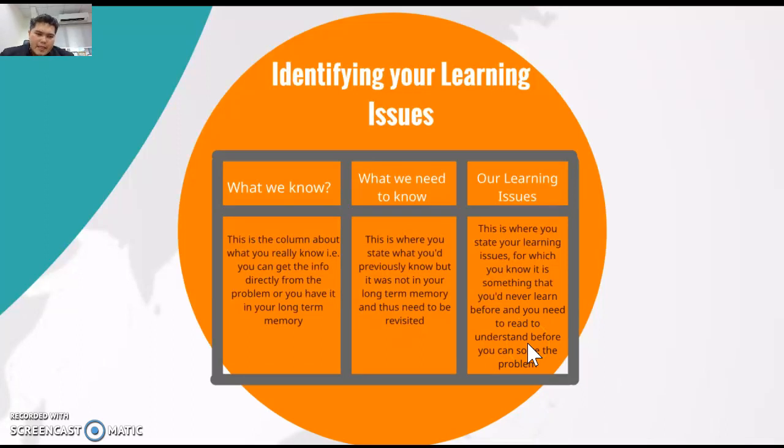In this case, for example, the role of humanitarian groups: do you know about that? If you don't, then you put it in your learning issues. Similarly, when you're given a problem later on, something that you never knew or learned becomes your learning issues. But if there is something you have already learned but need to revisit, it falls in the other column.